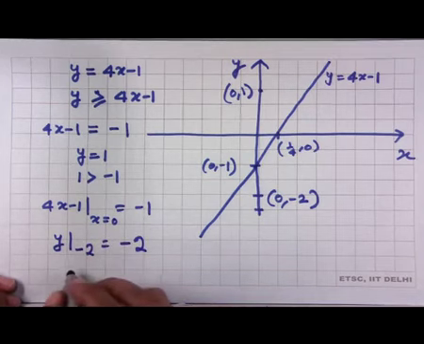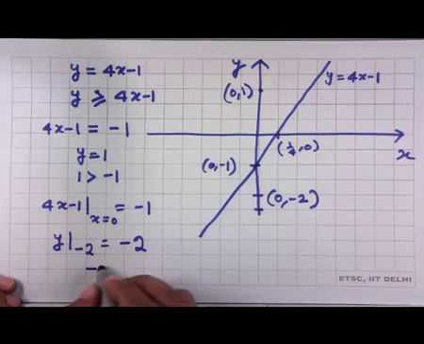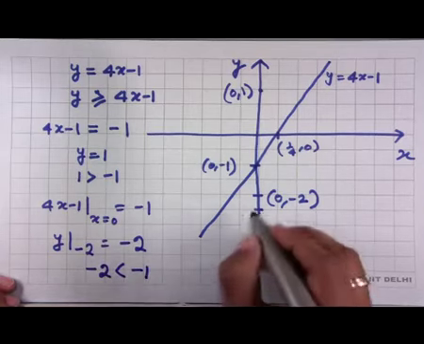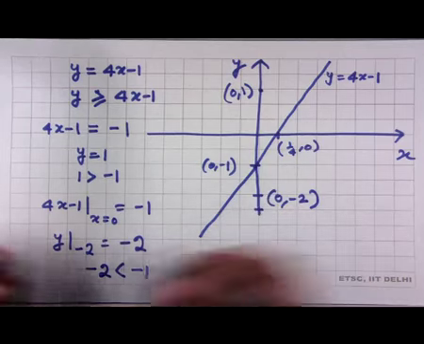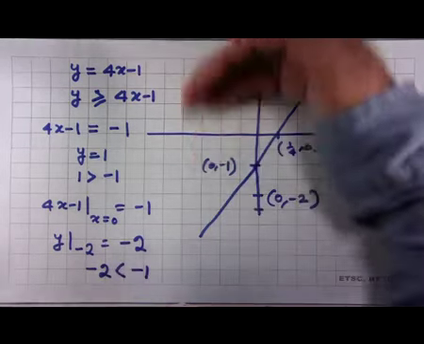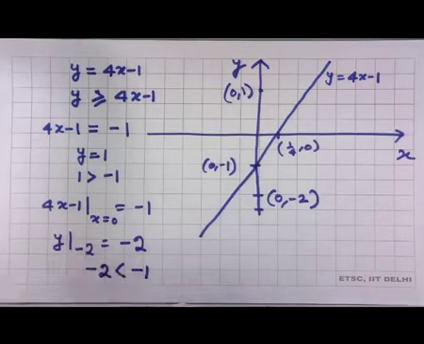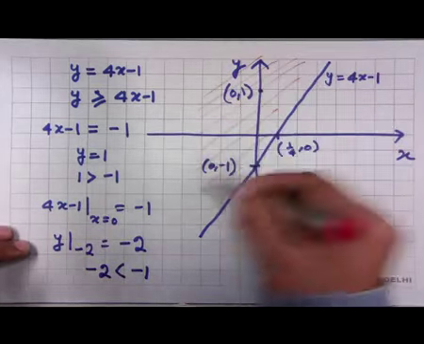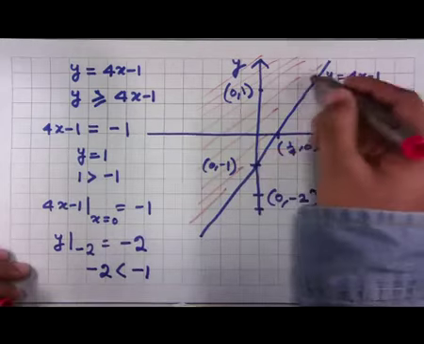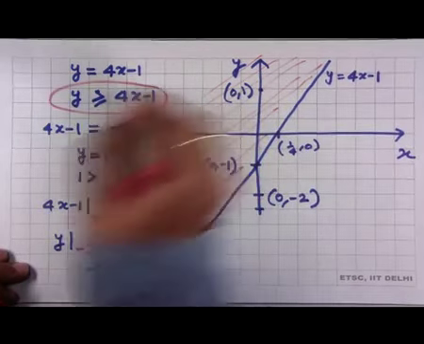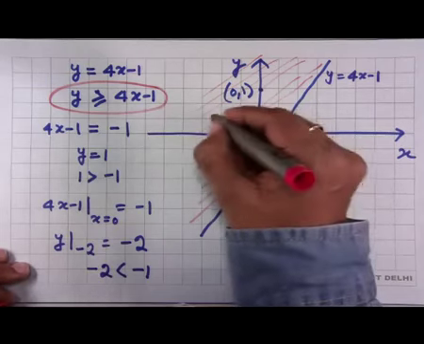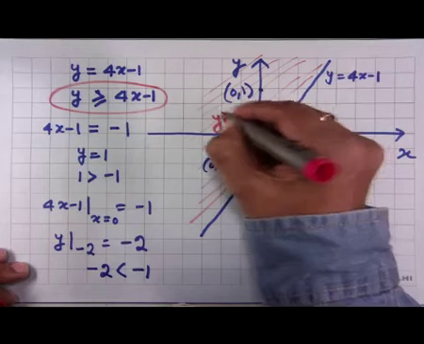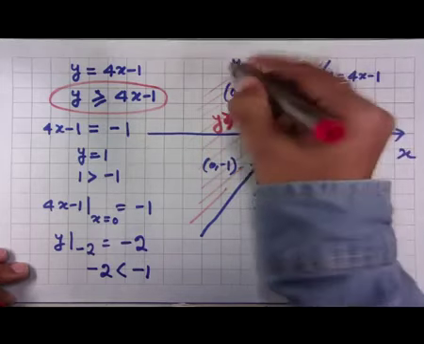So, minus 2 is less than minus 1. So, the inequality is not satisfied. If you take any point above this line, that means this region, the inequality is satisfied. So, y greater than or equal to 4x minus 1 is this shaded area.